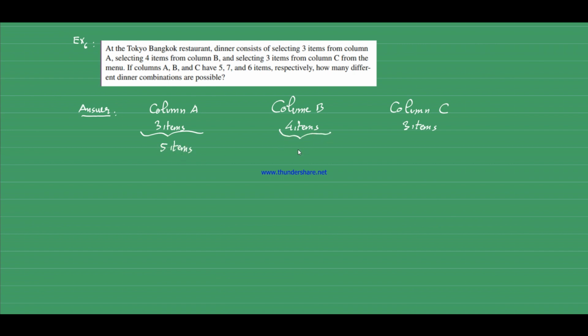Column B has 7 items, and we want to pick 4. Column C has 6 items, and we want to pick 3.